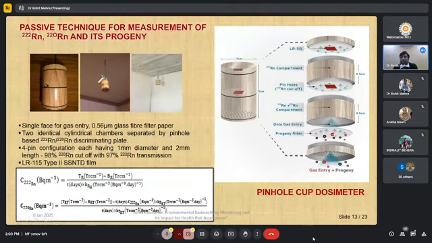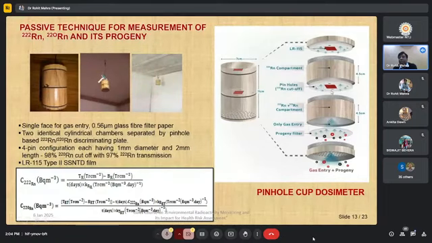In the first compartment there is radon plus thoron, and the thoron is restricted only to the first compartment, and only radon is allowed to pass through the 4 holes. Then the radon enters this compartment and finally affects the LR115 placed on the upper body. So this total pinhole cup dosimeter tells you that the lower compartment is the radon plus thoron compartment, and the upper compartment is the radon compartment.